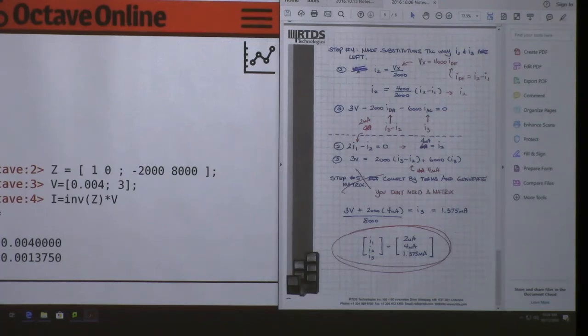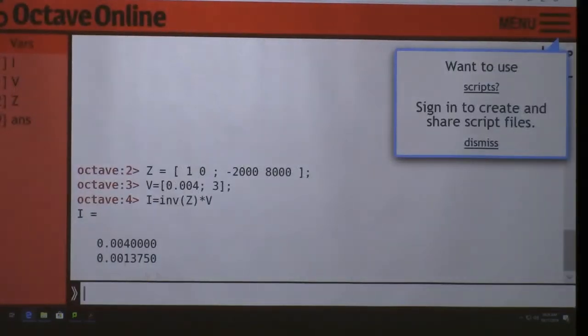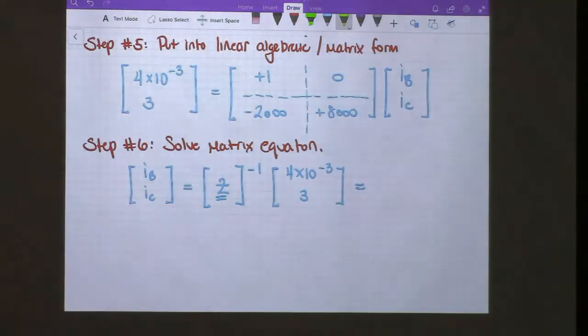Down here is the solution I got. So 4 milliamps for I2 and 1.375 milliamps for I3. And I1 was, well, I called them I1, I2, I3. We called them IA, IB, IC. But the numbers match up. So this gave us the solution that we were looking for. And so I'll just write that real quickly.